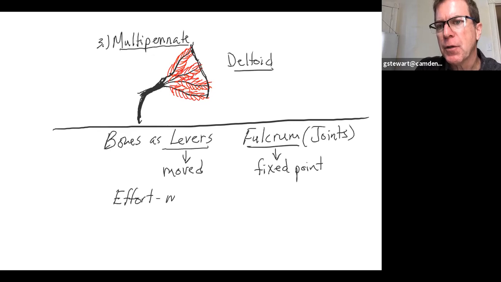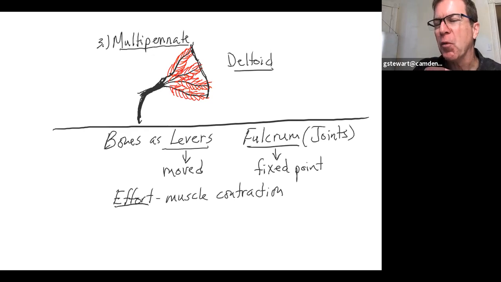And this is from muscle contraction. So these three words: levers, fulcrums, and effort. Effort refers to actual muscle contraction. Levers refer to the bones that are being moved. And fulcrums are the fixed point which the movement either radiates or moves around. And in the body, those are represented by joints.